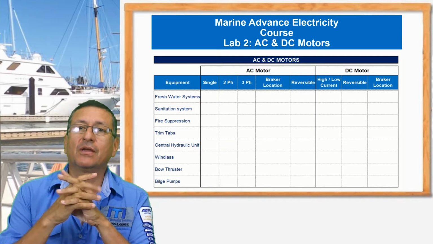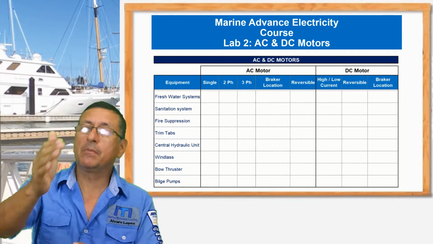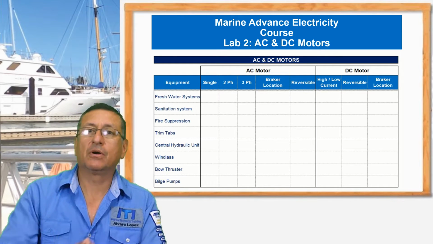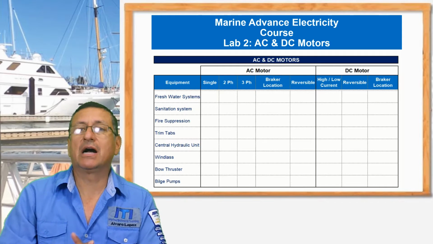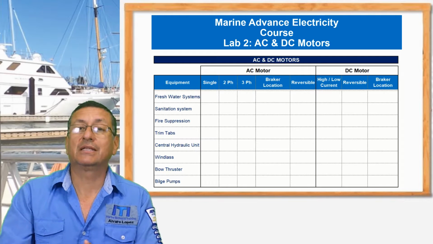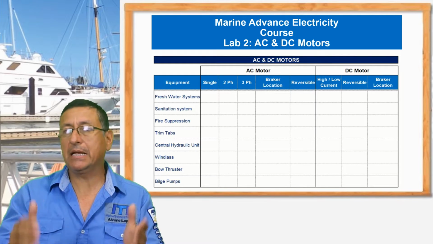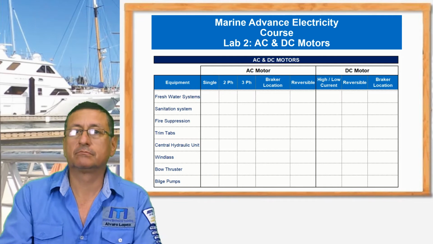In this lab, we are going to check a typical boat. If you have a boat in your lab, or a boat in a marina, or your own boat, I want you to check the different types of motors in a typical medium and big boat.